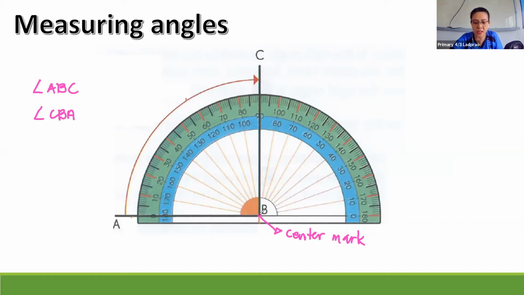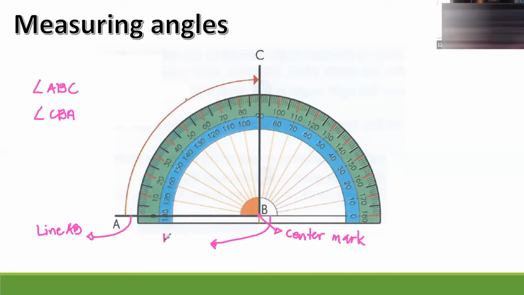Next, one line of your angle, which is the line AB, should be aligned with the baseline.